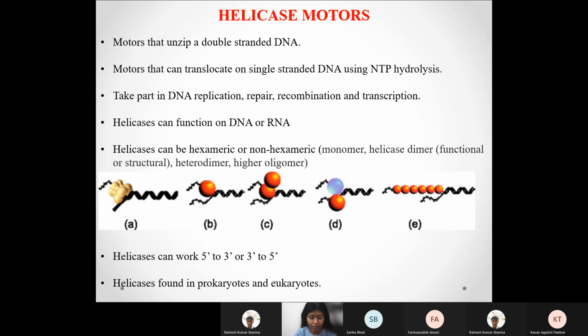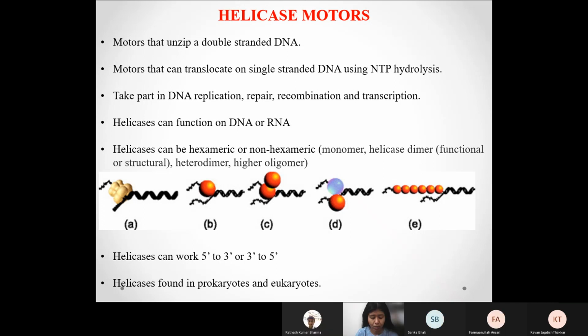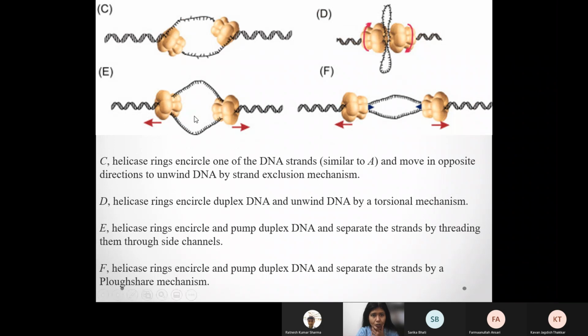And we also realized that helicases can work both by binding onto single-stranded DNA at the junction fork, for example, if we look at this. So they could be binding to one of the single-stranded DNAs and unwinding it, or they could be binding at the junction fork on this double-stranded DNA, causing the separation of the two strands.